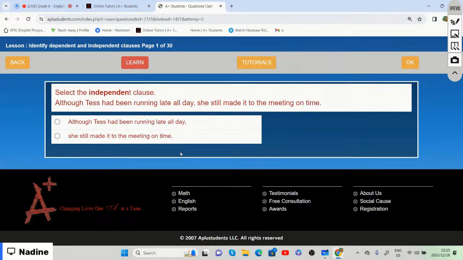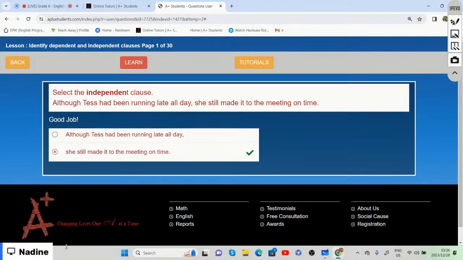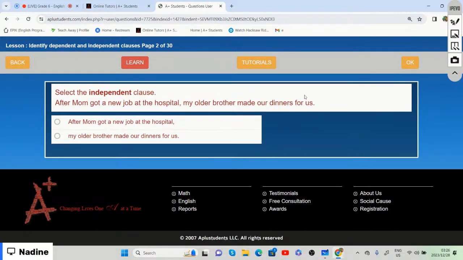And if we select the independent clause, you will say "she still made it to the meeting on time." And that is the independent clause.